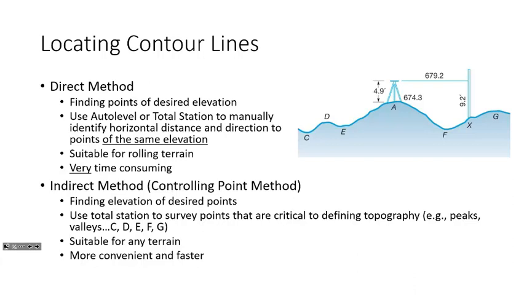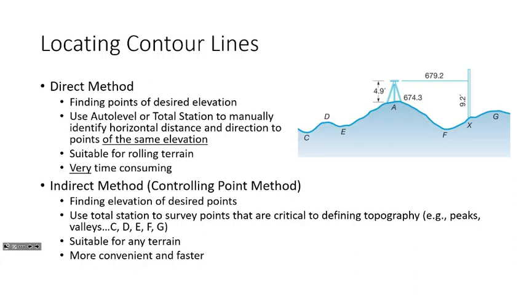Instead, what's much easier to do is an indirect approach. So an indirect approach would be, okay, let's take Buskirk Field, for example, and let's split it up into a grid, okay? And for this grid, let's collect elevations at every point along the grid. And then let's interpolate between those elevations and generate contours.